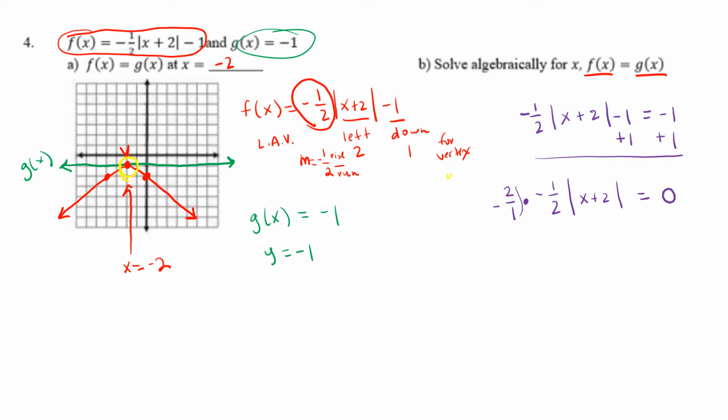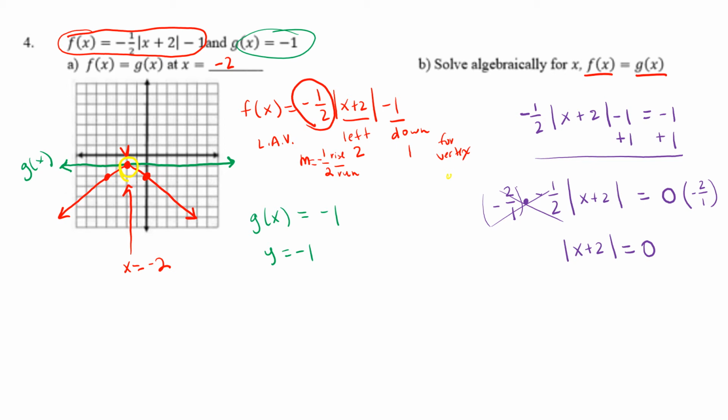That's the reciprocal, so we multiply both sides by -2/1. That cancels out our fraction. We're left with just the absolute value of x plus 2 equals 0 times -2/1, which is still going to be 0. Okay. Now we're at this point where we can solve for x, right?